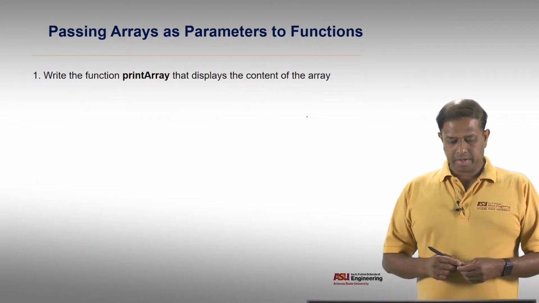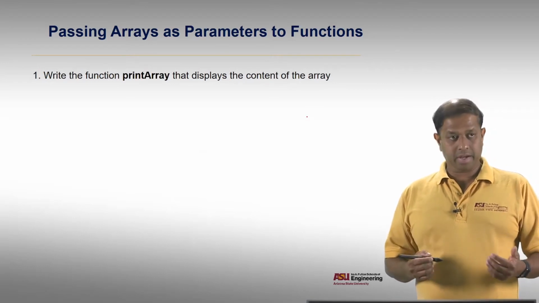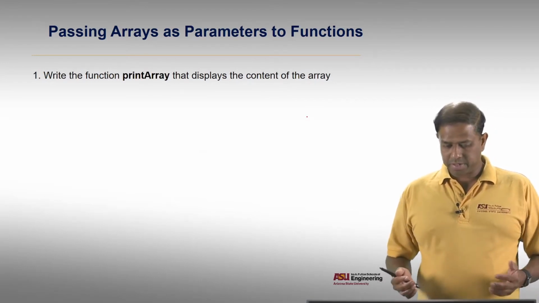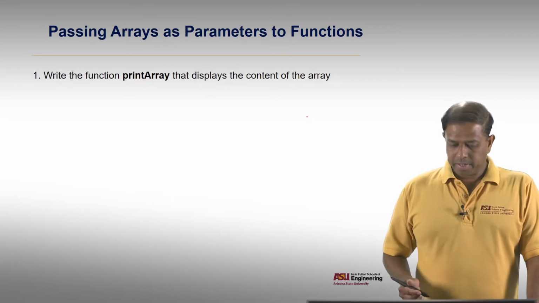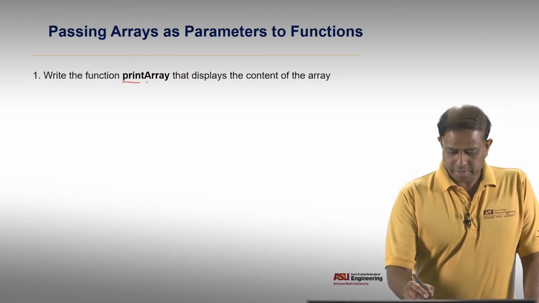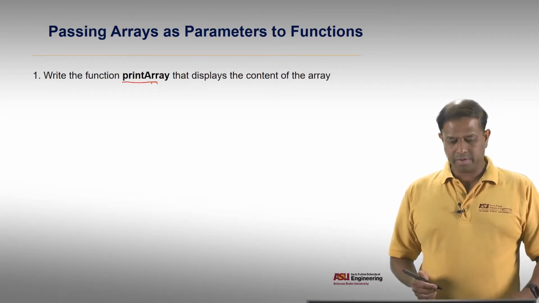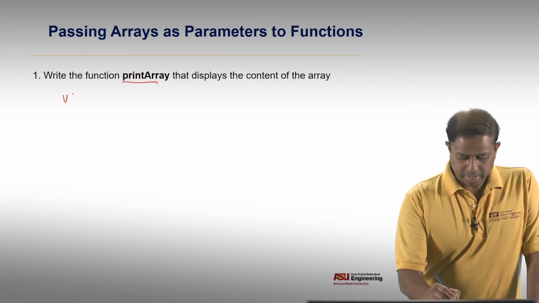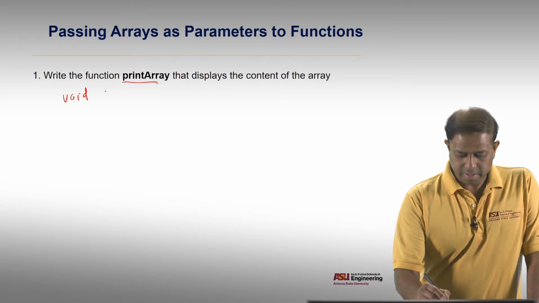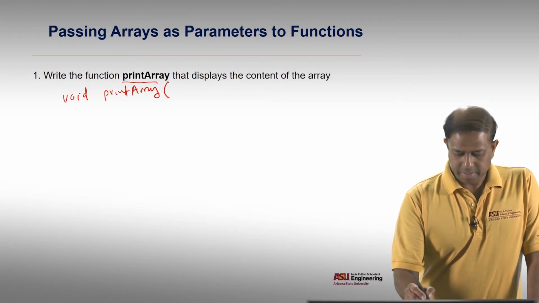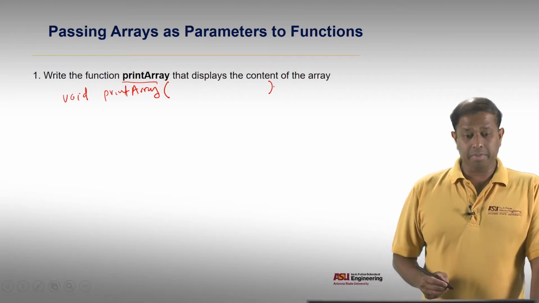Okay, now let's do a couple of activities related to this and see how we can understand this a little bit better. Suppose you write a function called printArray that displays the content of an array, right? So the method is going to be a void method. For this method, we need to have two parameters.